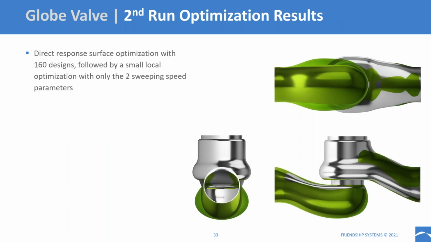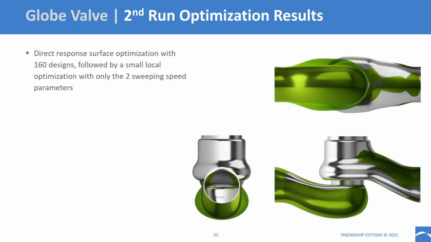As a result, after running a response surface optimization, in this case we started directly with the response surface optimization, which creates its initial database automatically, and then runs with 160 designs. We followed that up by a small local optimization.